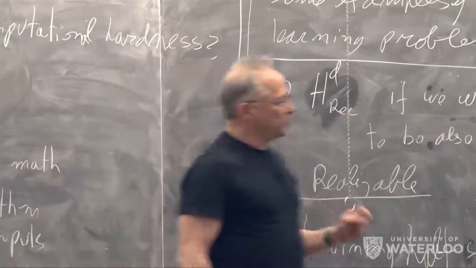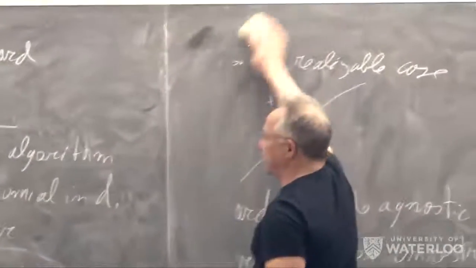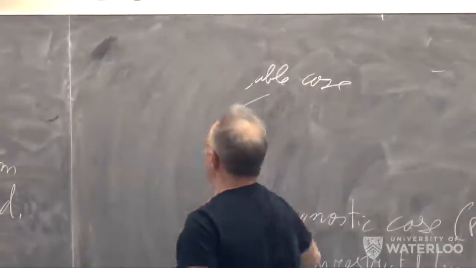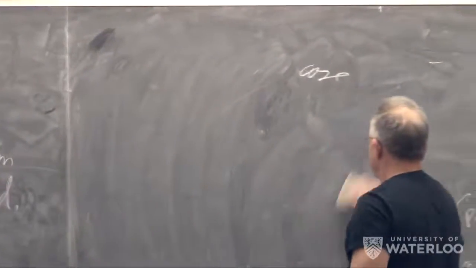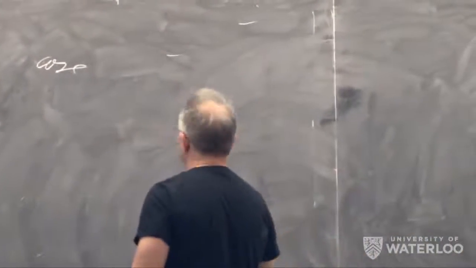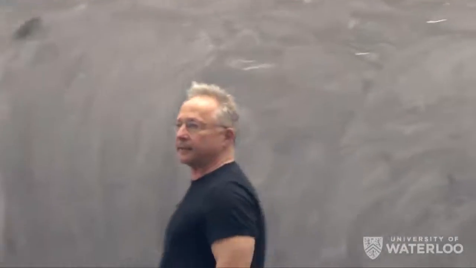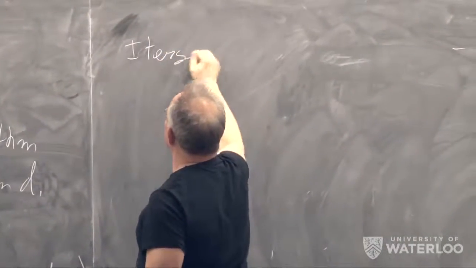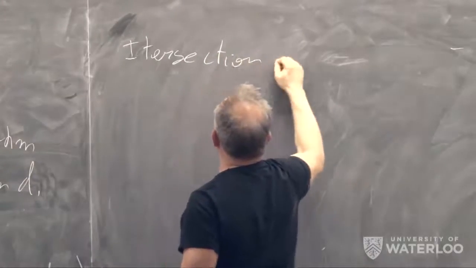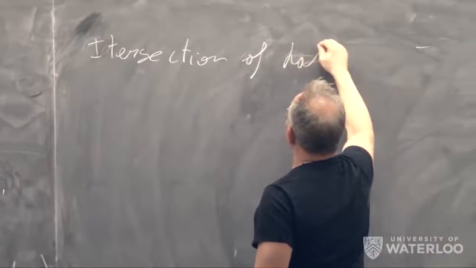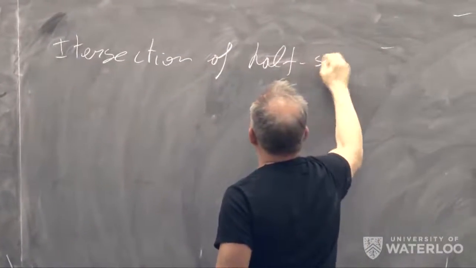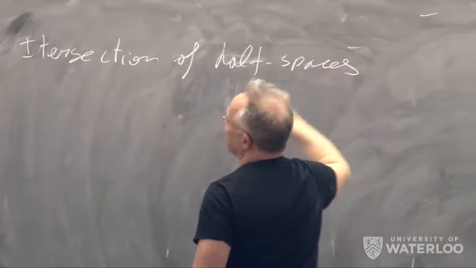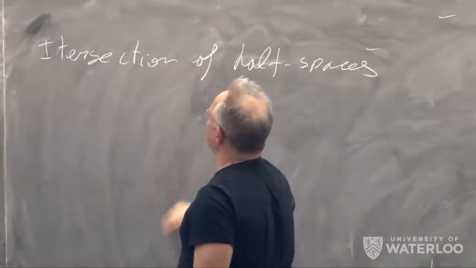I just want to mention one more class which is NP-hard to learn in the realizable case. Another one which is also NP-hard to learn in the easiest case, in the realizable case. And that's the class of intersection of half spaces, and even intersection of a fixed number of half spaces.